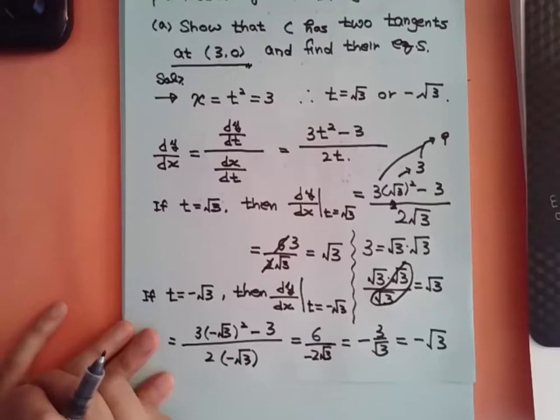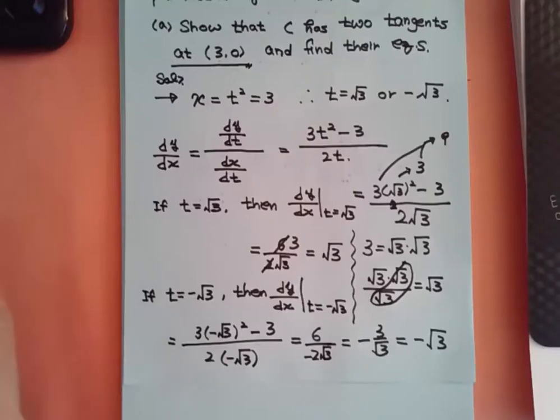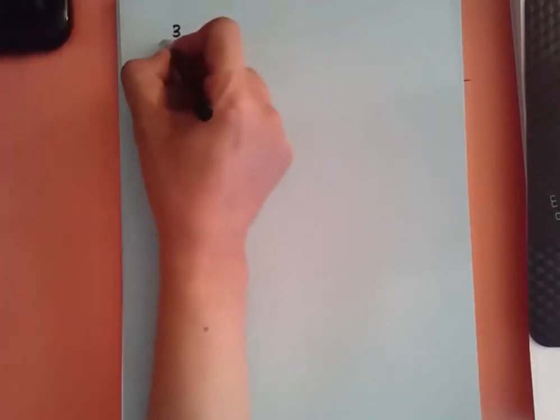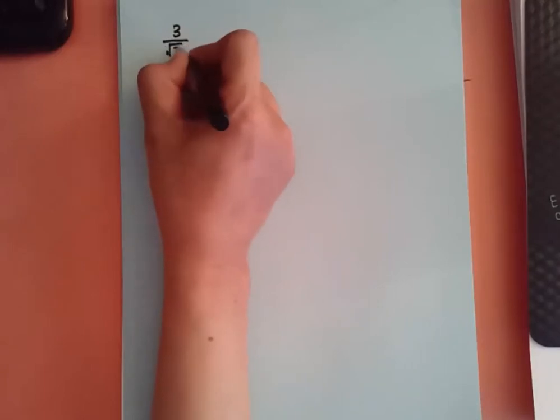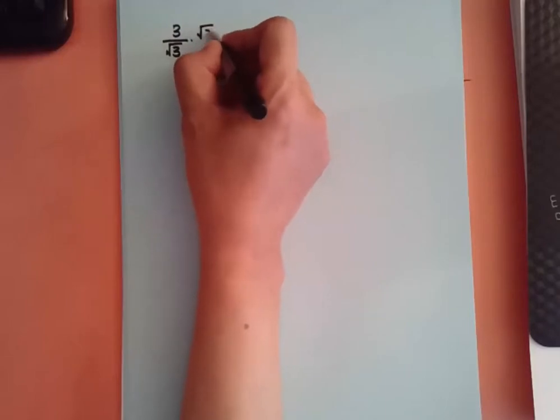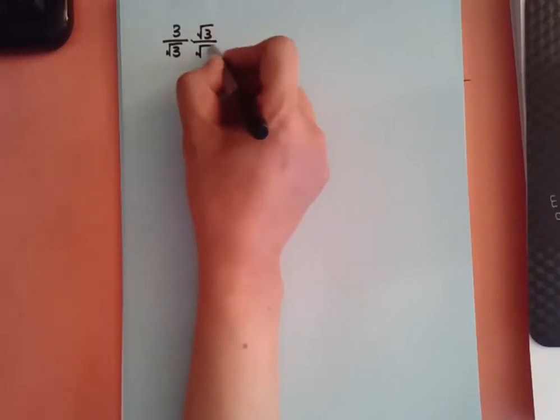So did I clarify the point you were confused about? Or do you want to use the rationalization method? If you want, then I can do that. So if we do 3 over square root of 3, it is a reverse of the rationalization.